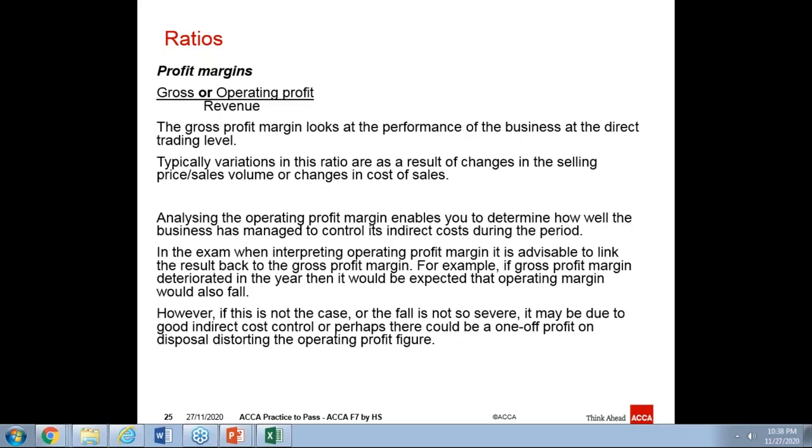Then what you need to do is analyze the performance by removing the one-off income or one-off expense impact, and then recalculate the ratio, and comment on what the performance of the company is after stripping off the one-off income or expense.